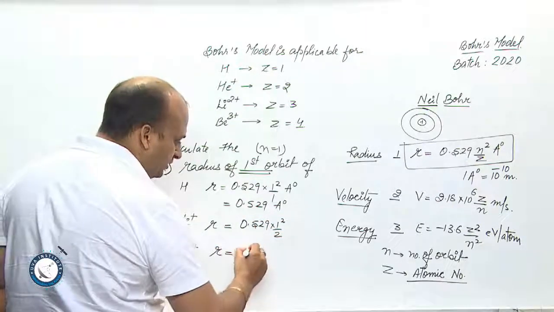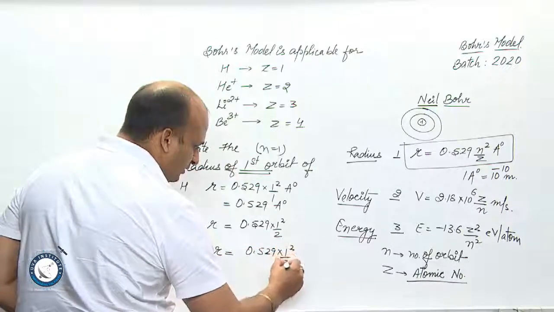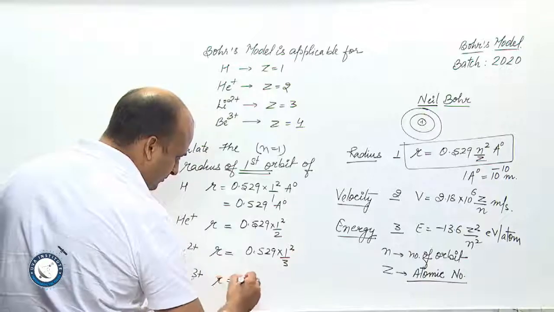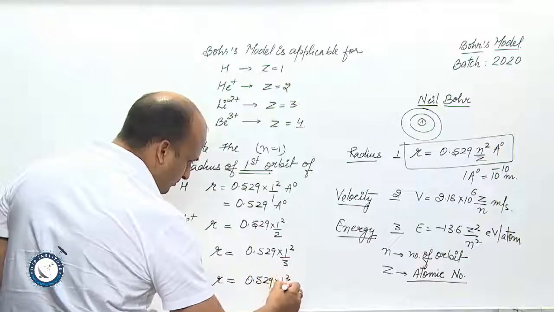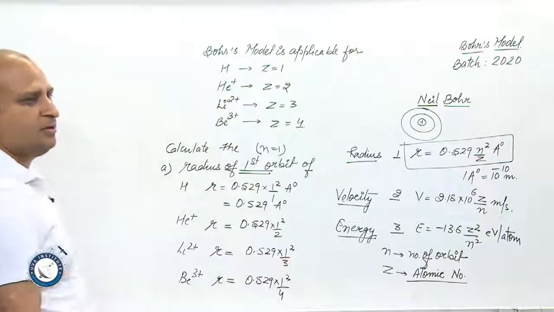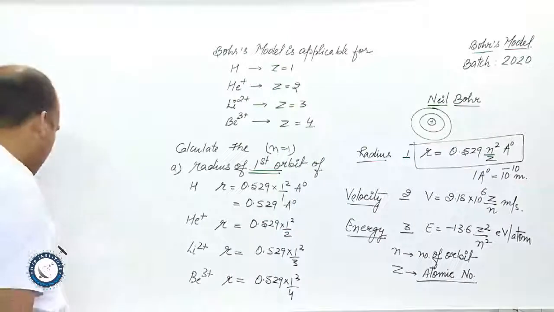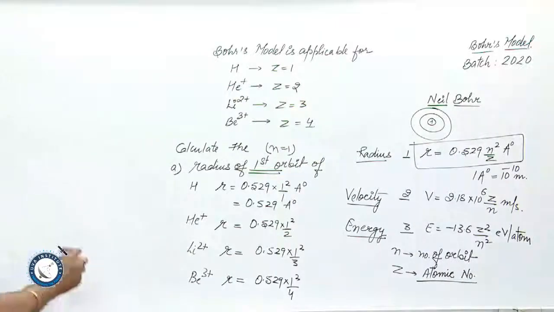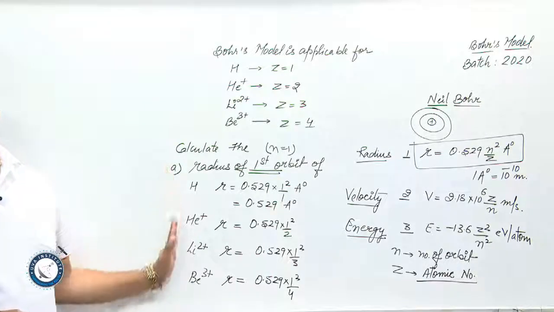For Li2 plus, it will be 0.529 into 1 square by 3. Okay. This is the answer that we are getting. So, now the second question. Any doubts to anybody in this question? Everybody has got the answer?